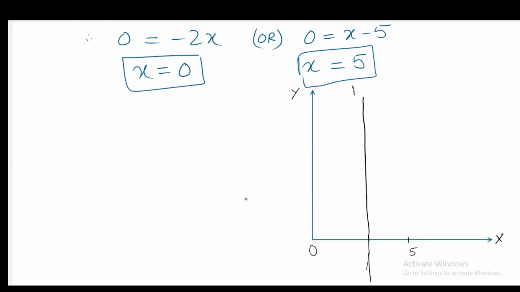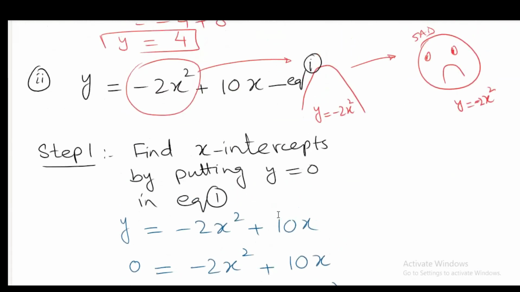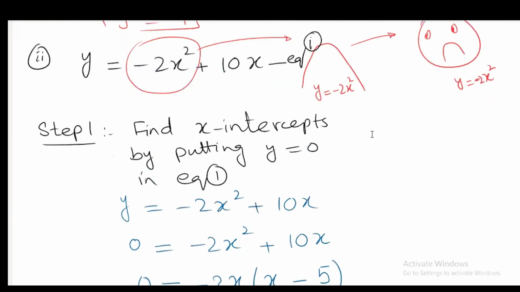This is the line of symmetry with equation x equals 0 plus 5 over 2, so x equals 2.5, passing through 2.5 here. Now draw the curve for the maximum value function. It will be like this, this type of parabola.